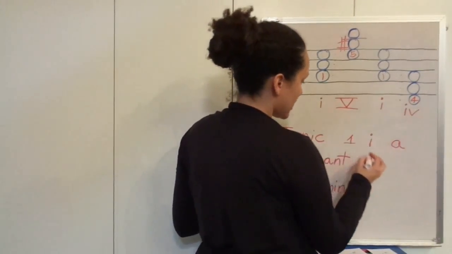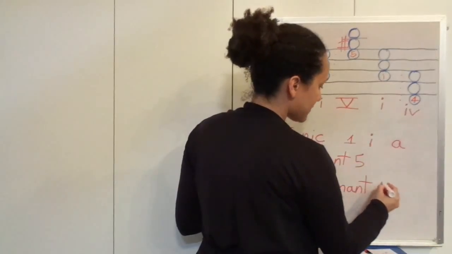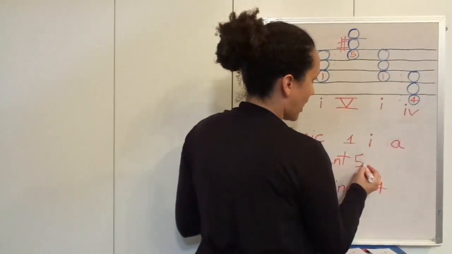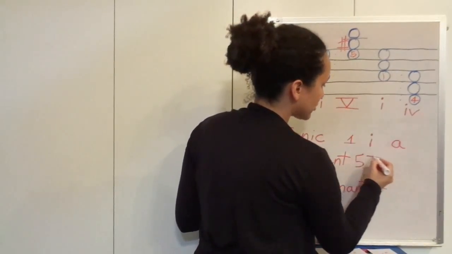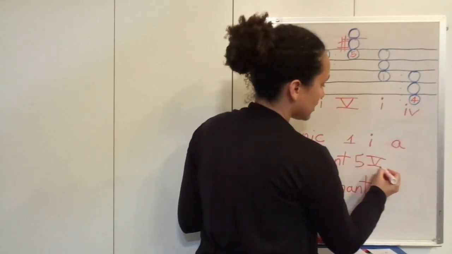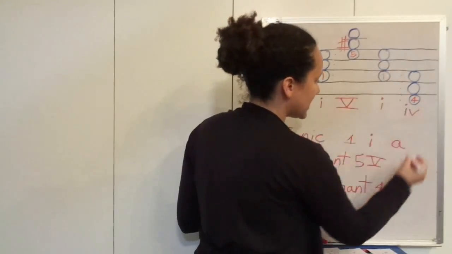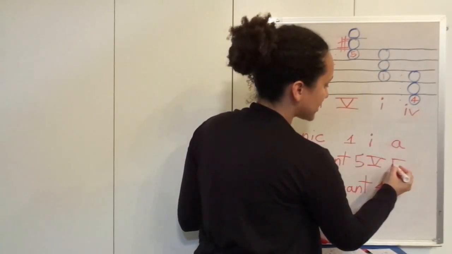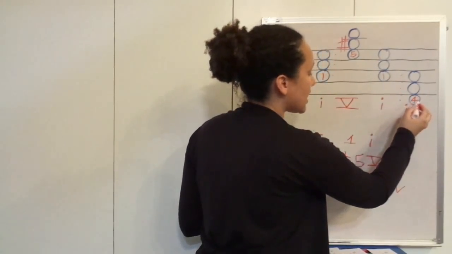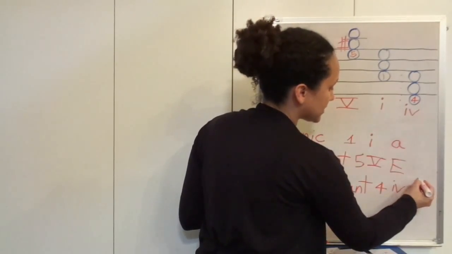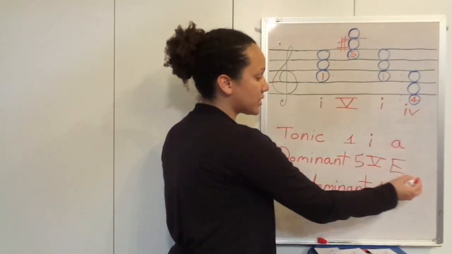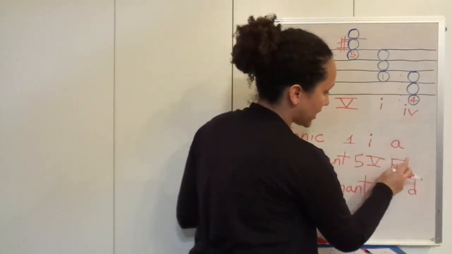So over here, there's our 1, there's our 5, there's our 4, after 5, Roman numeral, and then this is the E, and E I'm going to do capital because it's the chord, and the D is lowercase because it's the minor chord. Major chord, minor chord. And this looks funny.